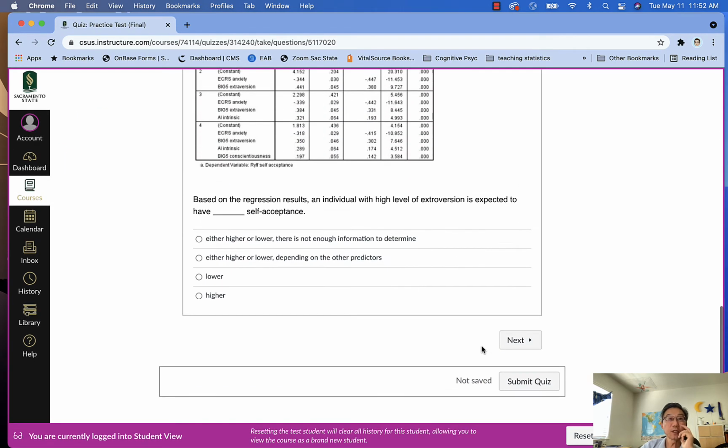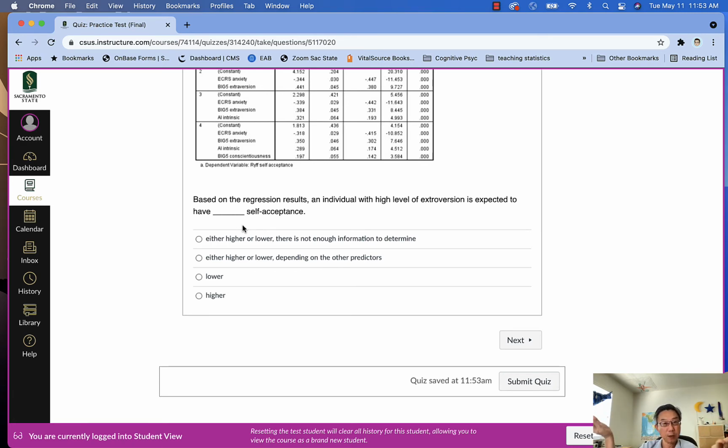It's still the same scenario. Based on the regression results, an individual with a higher level of extroversion is expected to have higher or lower or the same level of self-acceptance. So we just look for direction, right? If it's positive, then the two change in the same direction.